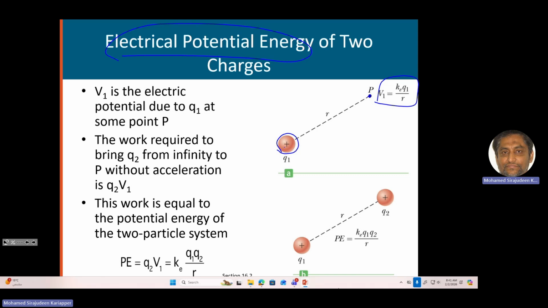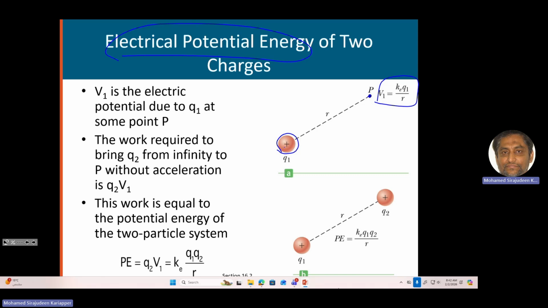And there is another charge which is kept at infinity. Infinity from point P, it is an infinite distance away. So it will have no potential at that point. Now, if I bring that charge from infinity to that point, the work done during that process, without accelerating, because you don't need any other energy except to change its potential energy.